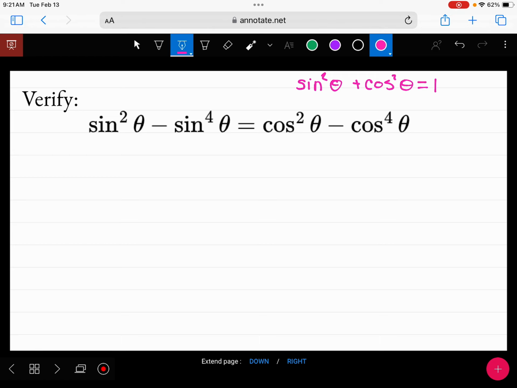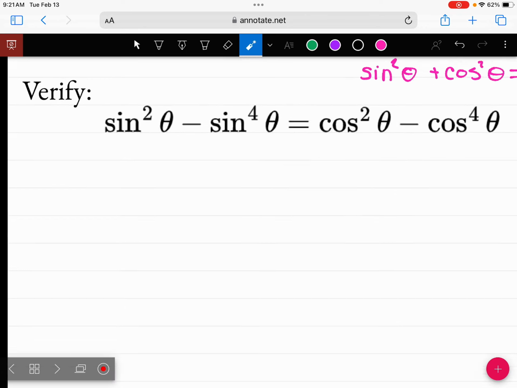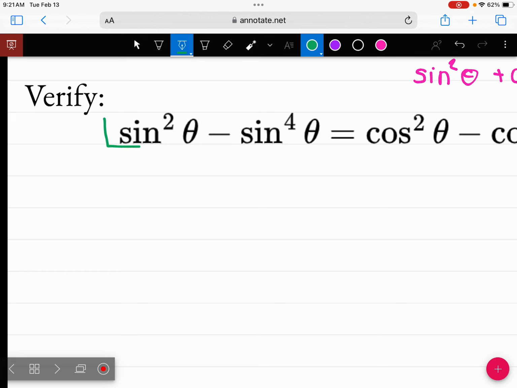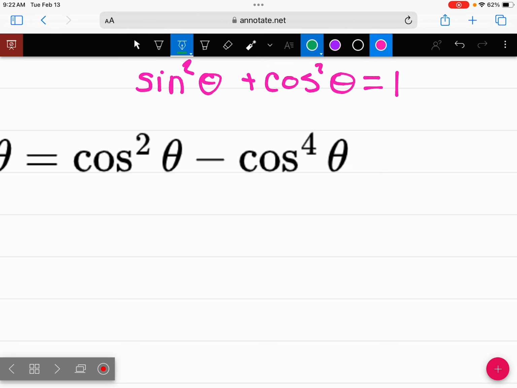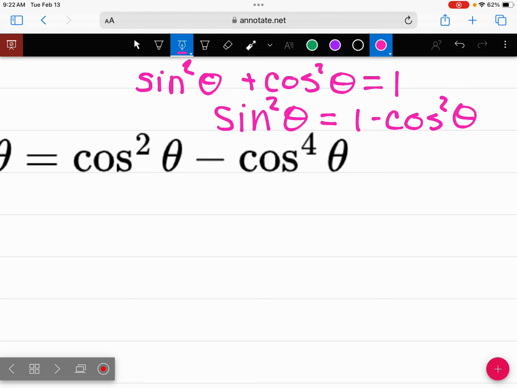What can we do? What's our instinct? If I need my sines to turn into cosines. Yeah. So I could absolutely take a sine squared and use the fact that sine squared is the same thing as 1 minus cosine squared.